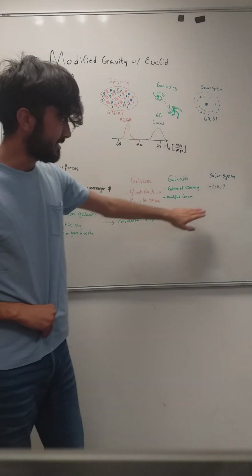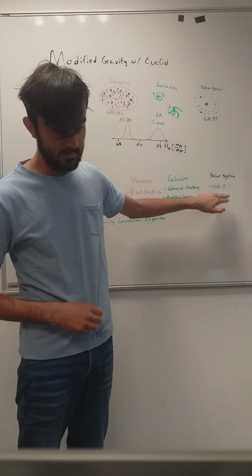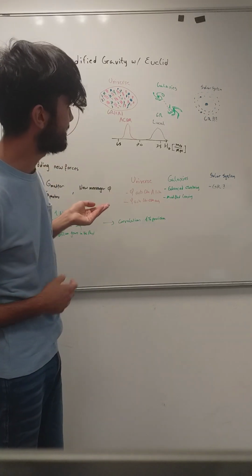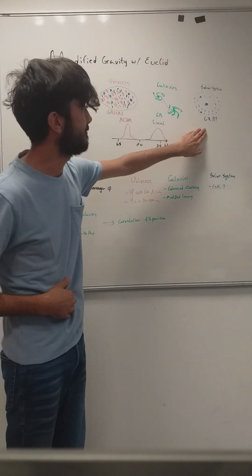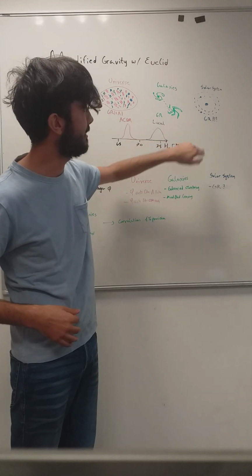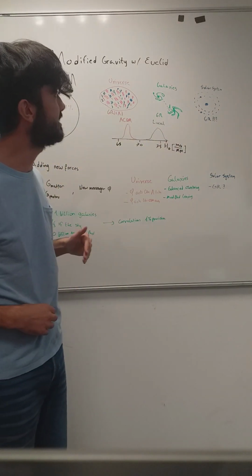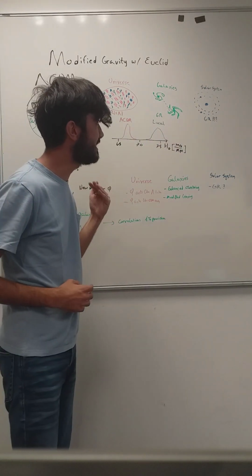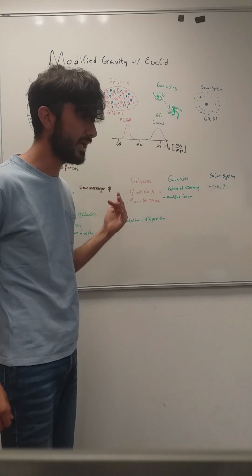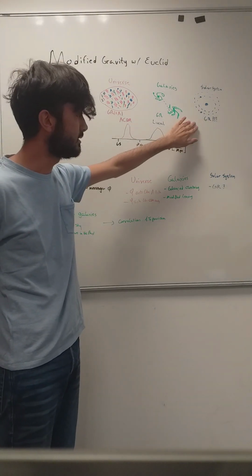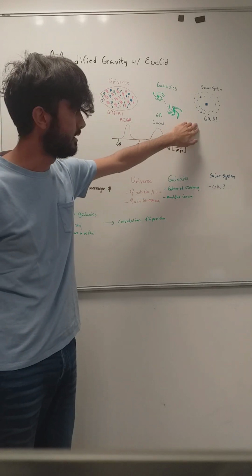While on the level of the solar system, we don't want there to be much change. I mean, like we said, the main reason why we believe in general relativity is from observations in the solar system, like the precession of the orbits of the planets and the lensing of light.